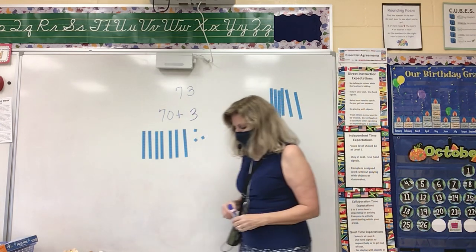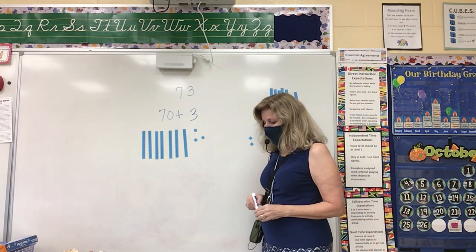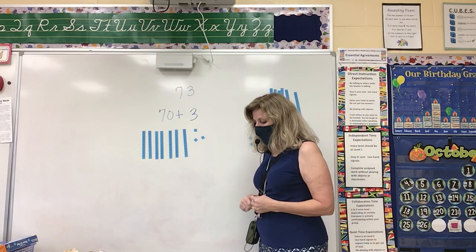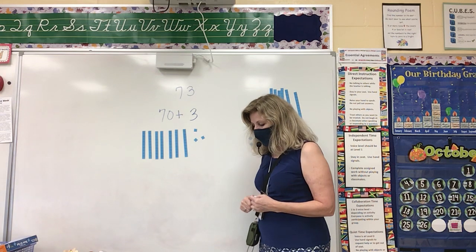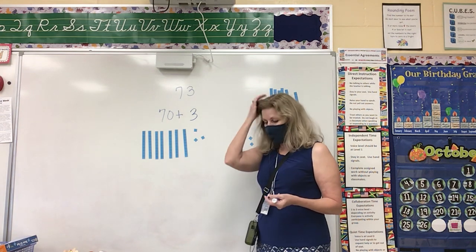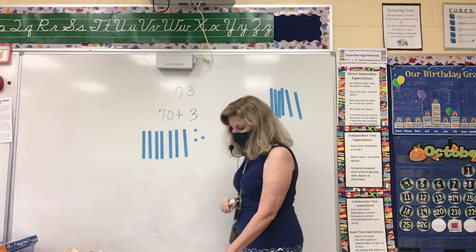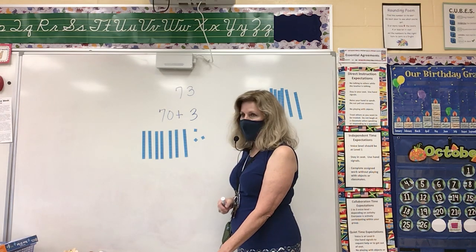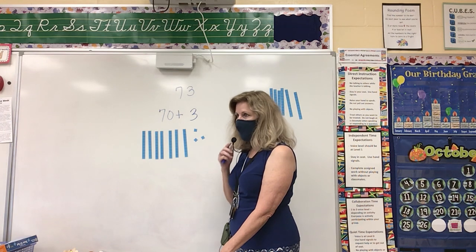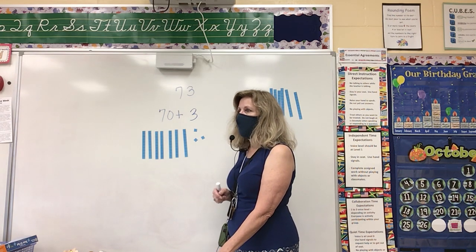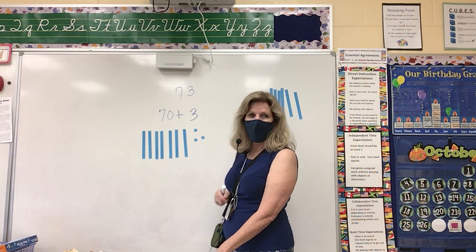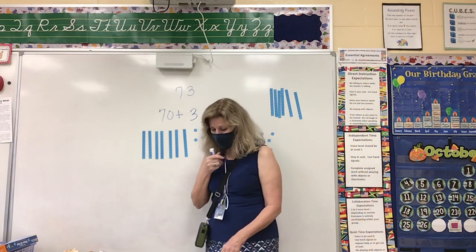So number 1, it says the same number can be shown in different ways. Cross out the incorrect way to show the number. So for number 1, we have the number 27. We have 2 base 10s and 2 ones. What does that equal? Connor? 22.